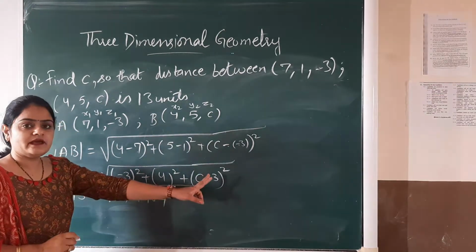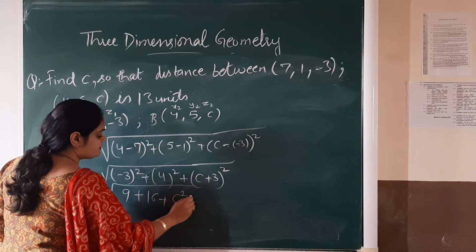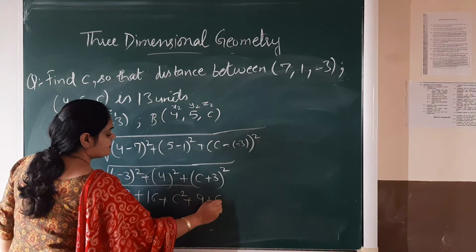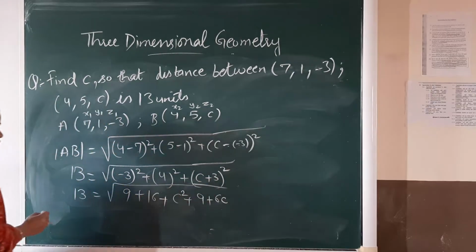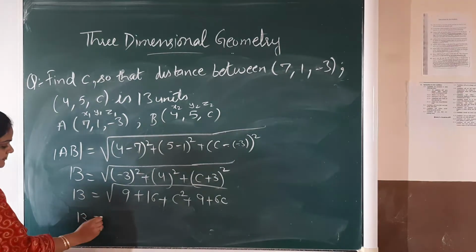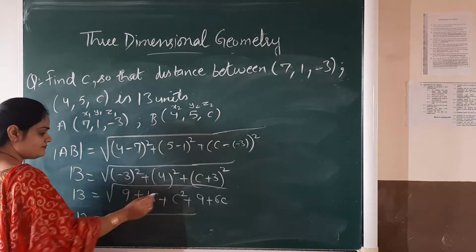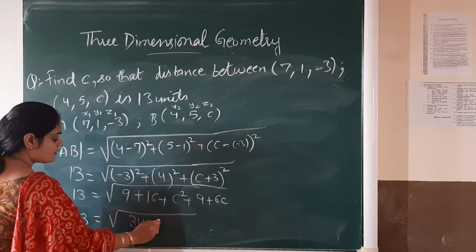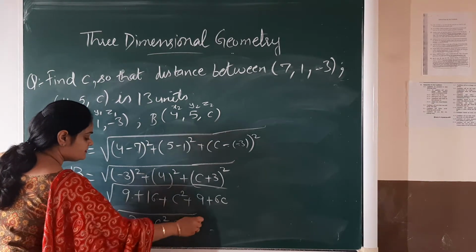And here we can apply the formula (a plus b) whole square, which is a square plus b square plus 2ab. 25 plus 9 is 34, plus C square plus 6C.